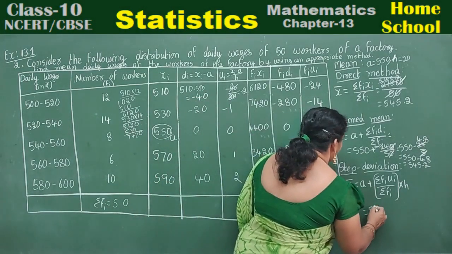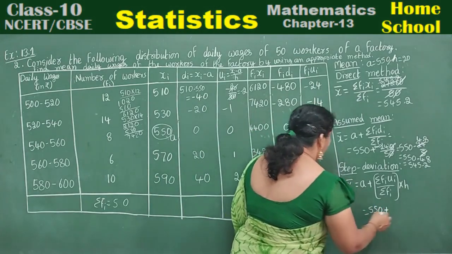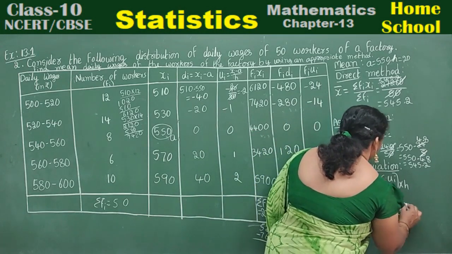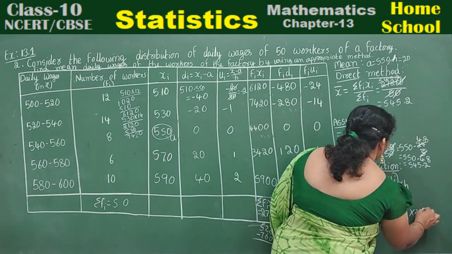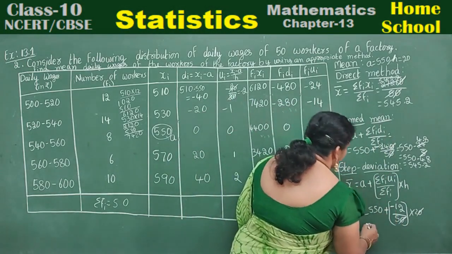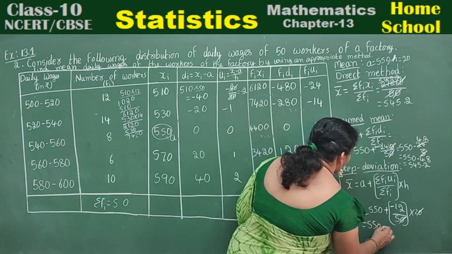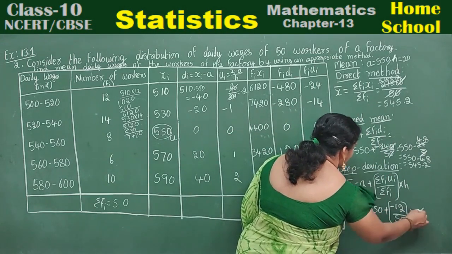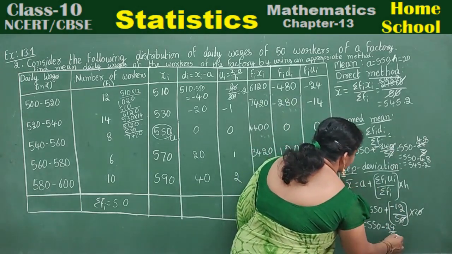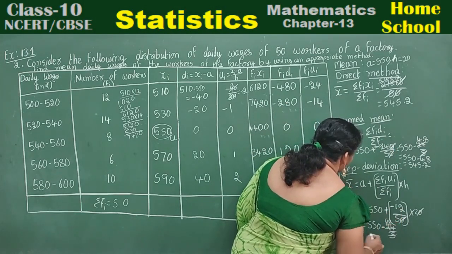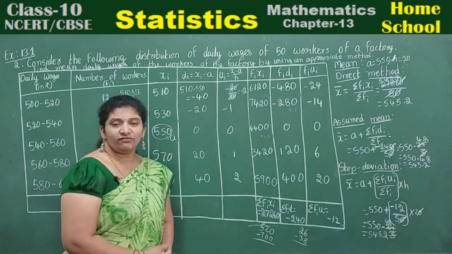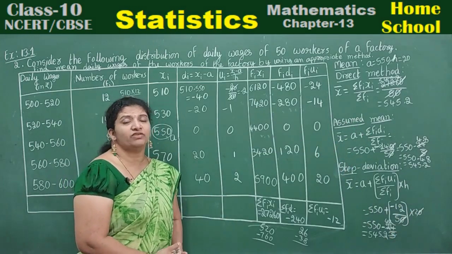A value is 550 plus summation Fi Ui, minus 12 by 50, into h value, 20. 0, 0 cancel. 0, 0 cancel. And now 550 minus 12 2s are 24 by 5. Again 24 by 5 is how much? It will be 4.8. 550 minus 4.8 will be 545.2. So did we complete our answer? No. We need to end up with one more statement.